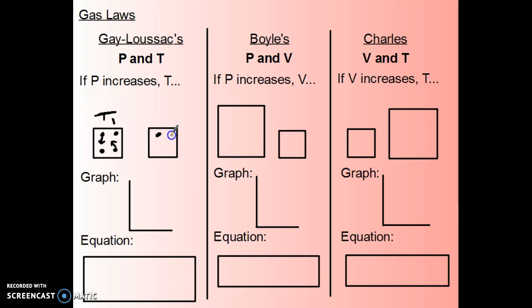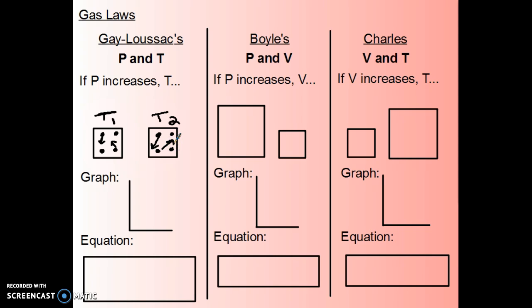Now, let's move to the next box. This is after we have increased our temperature. So T2 is higher than T1. Now, when we increase temperature, that means the overall kinetic energy of the particles is higher. So they should be moving faster. So I'm going to draw bigger arrows to represent the speed of these particles.